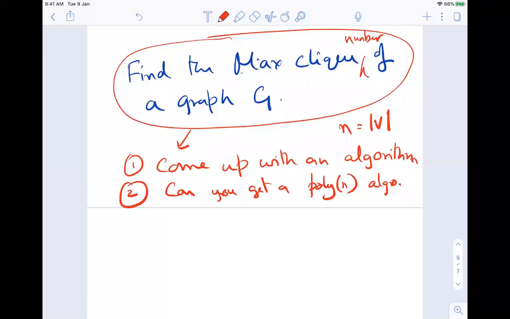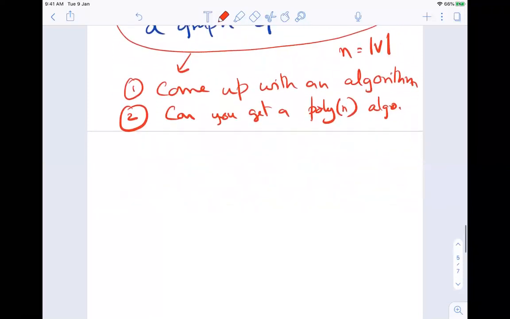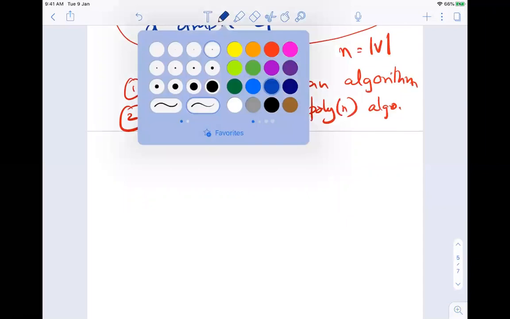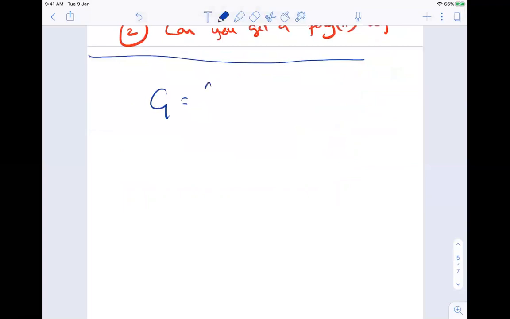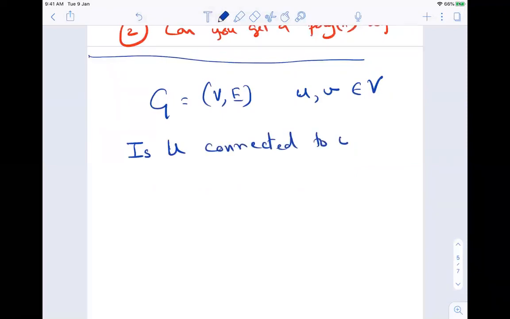Now let me ask you a simple question. Let me move on a bit further. I don't think I will be able to cover whatever I wanted to cover today. But I have given you a graph G, and I have two vertices, U and V. And I ask, is U connected to V? What does this statement mean?